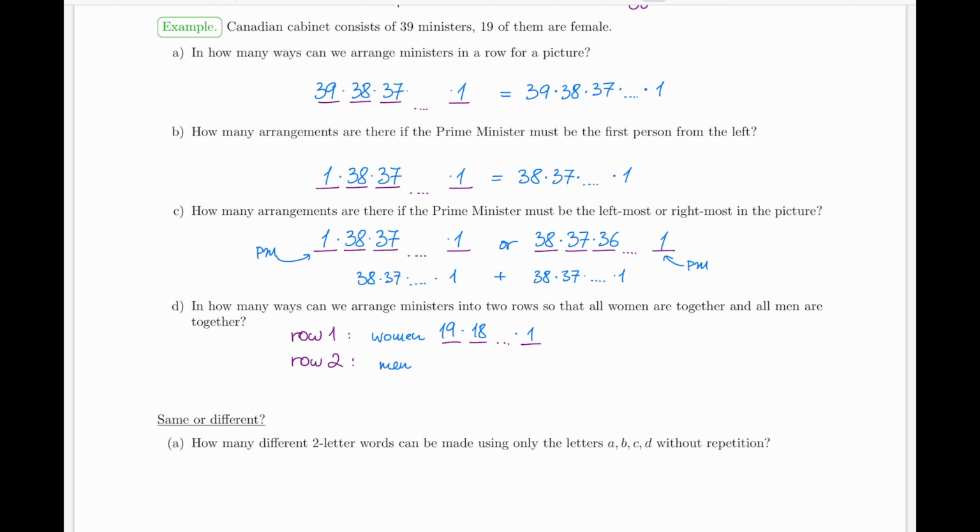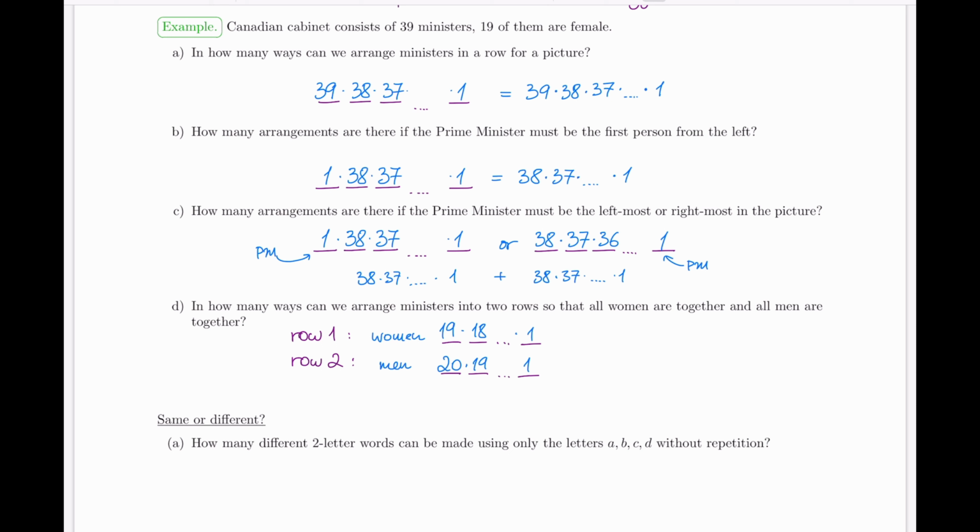And then I can arrange men in a similar manner. I can pick the spots for them and then fill them in. Now, 19 of the ministers are female, so 20 of them are male. So the number of male choices will start with 20 and go all the way down to 1. Okay, so these are the 2 rows when they're filled in.